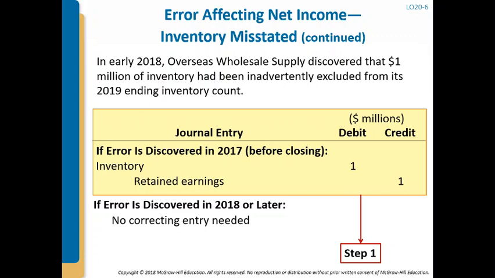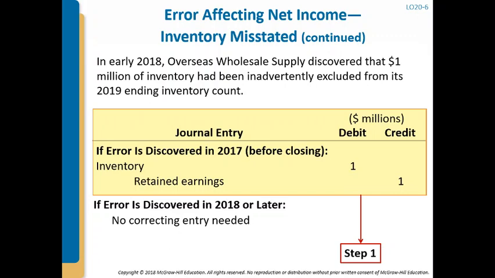Well, no. I think what they're saying there, if it's found in 2017 before the 2017 books are closed, they would simply add 1 million to inventory, and of course that would have changed or affected retained earnings by that $1 million.